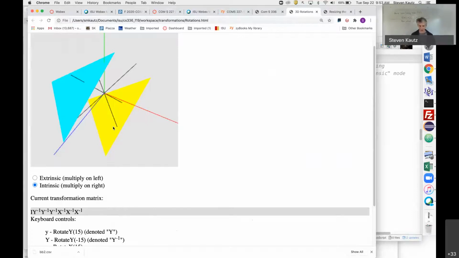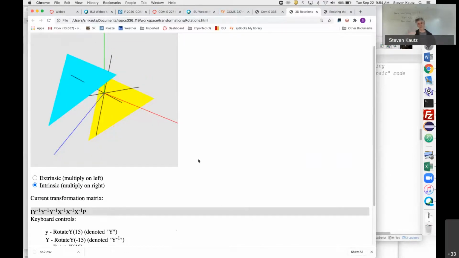So first, in intrinsic mode, the P key should do this clockwise z rotation that moves the y-axis into alignment with the xy plane. Then the Q key should do that 60-degree rotation, right? So 60-degree rotation should align, what's it supposed to do?